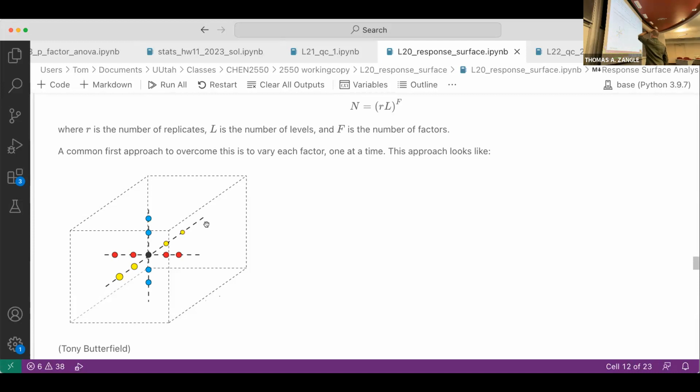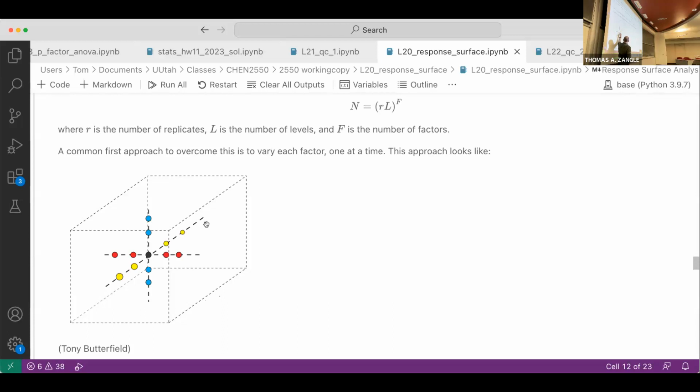But the major drawbacks here are that you're getting no information about interactions between the factors. So remember, one of the themes of the different types of analysis that we've been doing, like multi-factor ANOVA or the effect size, or now the response surfaces, one feature of all these different types of analysis has been to capture the interactions between factors.